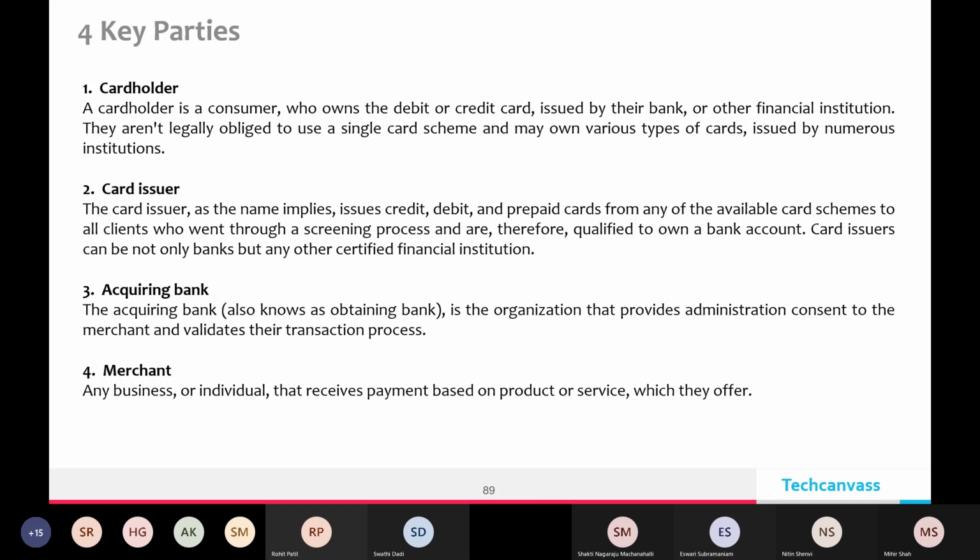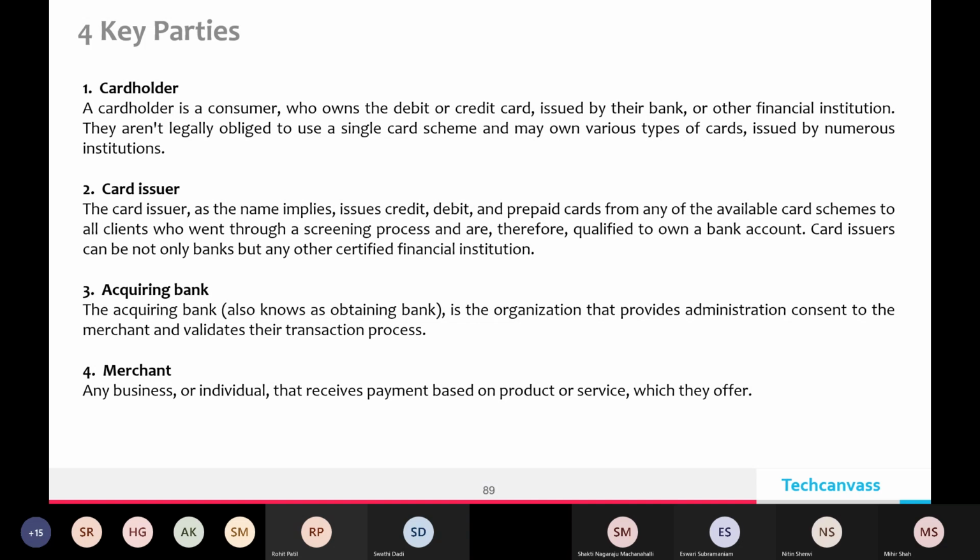Whenever the customer makes a payment, the card issuer validates again whether the requested amount is within the available card balance and whether the card is valid, and does multiple checks before authorizing the transaction. The next one is the acquiring bank.